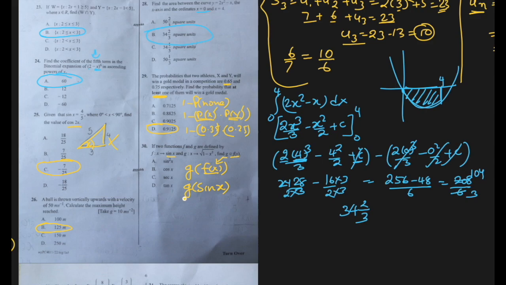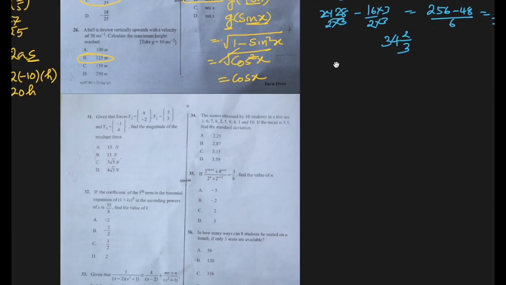That means inside function g, every x is substituted by sin x. So we will write square root of 1 minus, in place of x square we will write sin square x. And we know 1 minus sin square x is cos square x. Square root and square cancel. Answer is cos x, B.